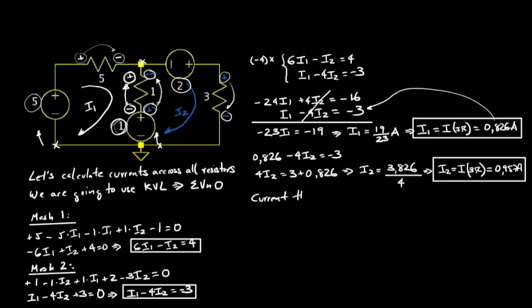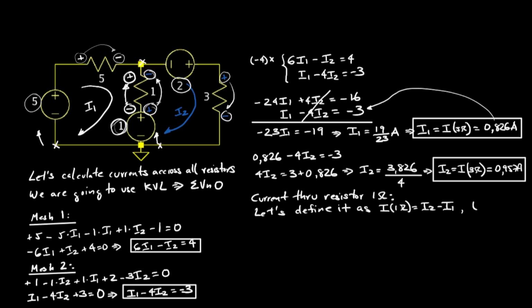I2, if you look on the right mesh, in the upper side of the mesh, I2 is the current that is going through the 2 volt voltage source, and I2 is the current that is going through the 3 ohm resistor. So this is the resulting current from the 3 ohm resistor, as you can see in the results, equals I2.